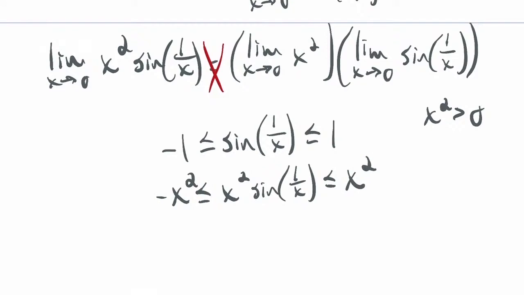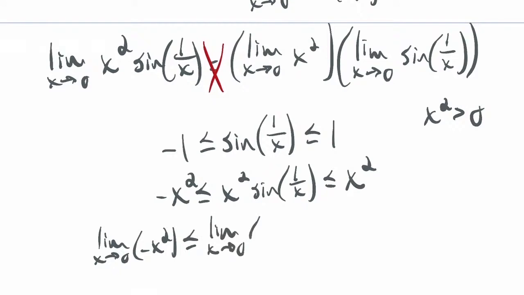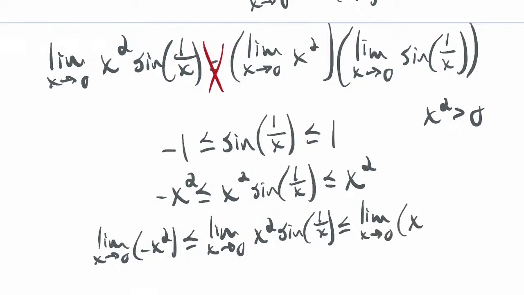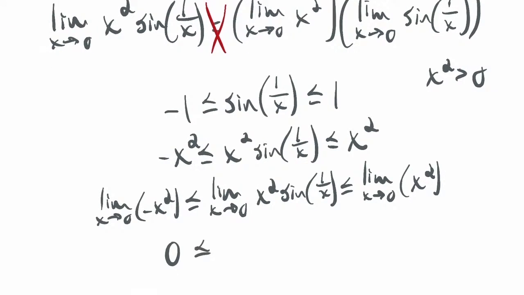So essentially, I'm applying the limit to each component. On the left we have 0, and on the right we have 0.